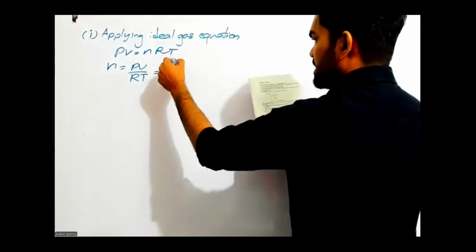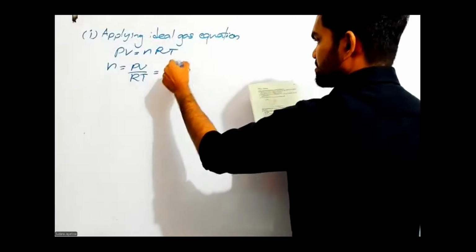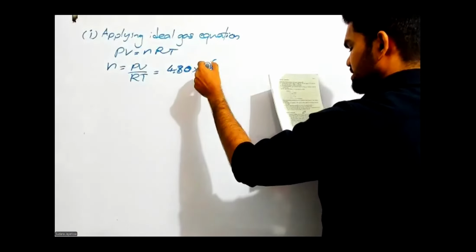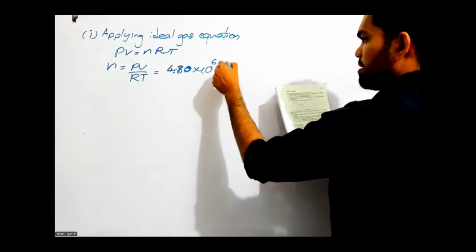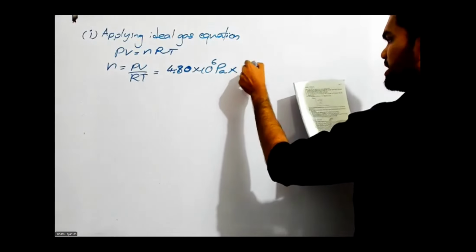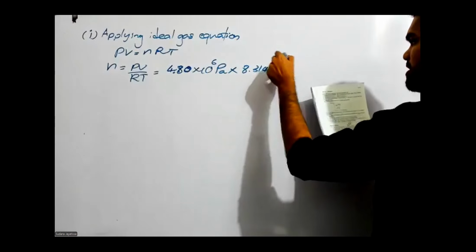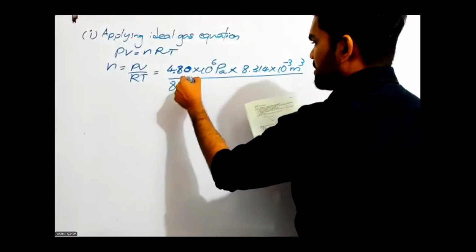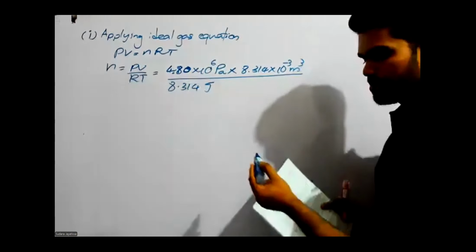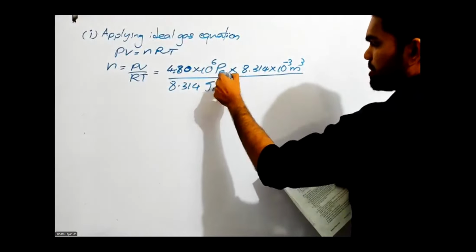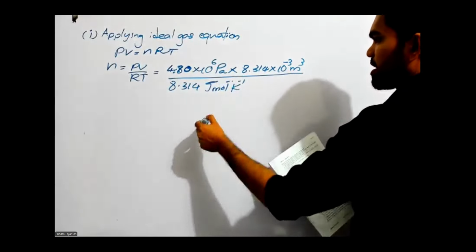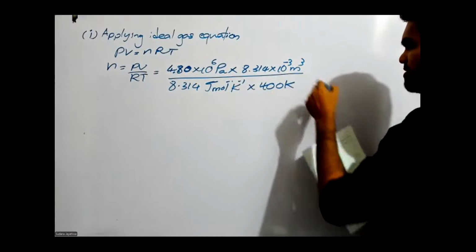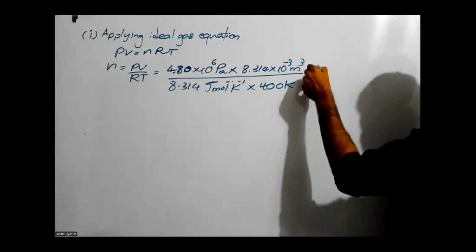Pressure: 4.80 × 10^6 Pascal, we can write Newton per square meter. Volume: 8.314 × 10^-3 m³. And the R value, 8.314, will be given in the A-level paper, in joule per mole per Kelvin. And temperature is 400 Kelvin. It is also given in Kelvin. See, there are very few things for you to do.